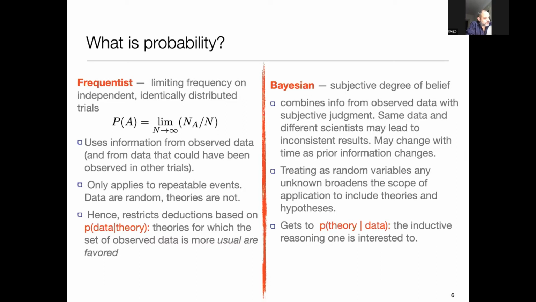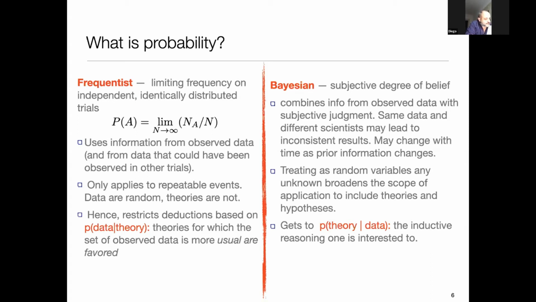First of all, this probability uses only information from the observed data, and also from the data that could have been observed in other trials. Both N_A and N are the observed data or the data that one can simulate and that could have been observed in other experiments different from ours.